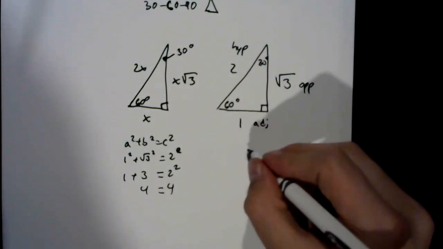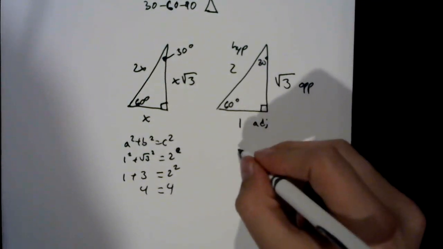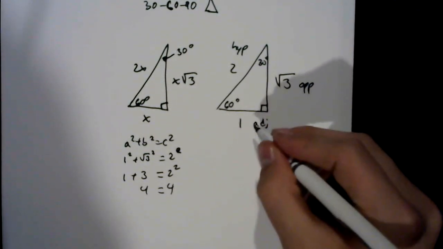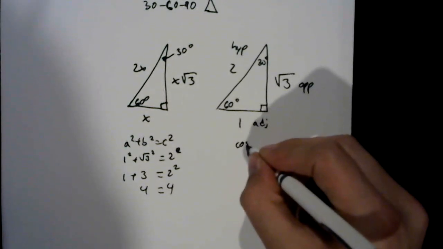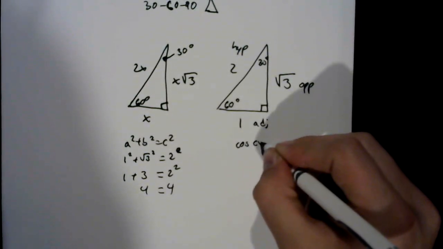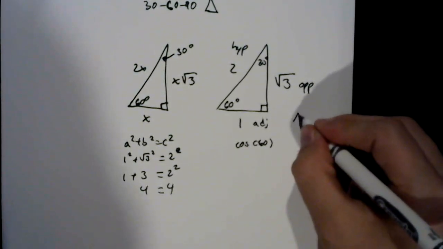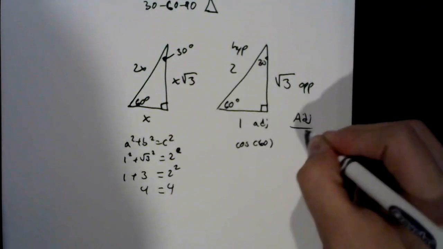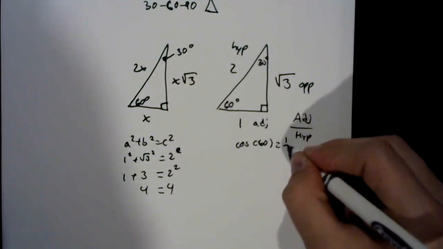So you could say, let's do cosine of 60, because cosine is adjacent over hypotenuse, so it'd basically be 1 over 2.